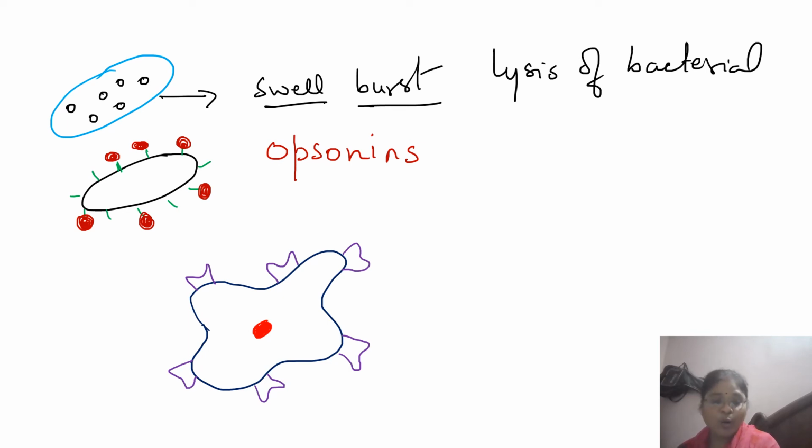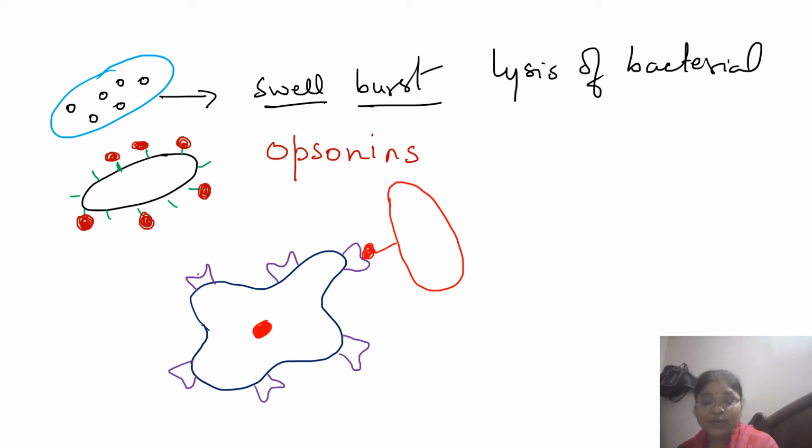So these opsonins will attach themselves. Suppose I'm making one here to show you. This is the opsonin, and now it gets attached to this bacteria. Now this bacteria will be engulfed by this macrophage.